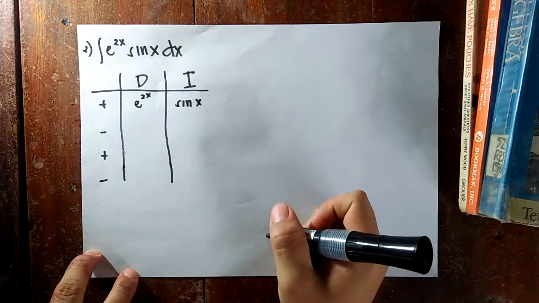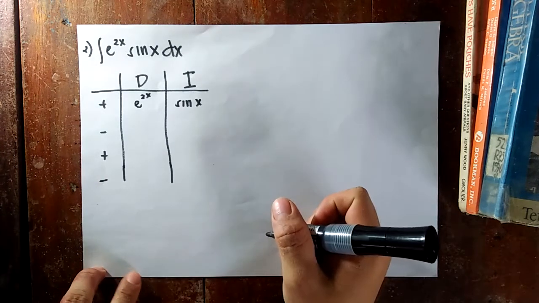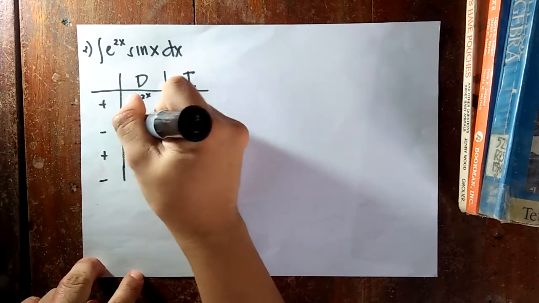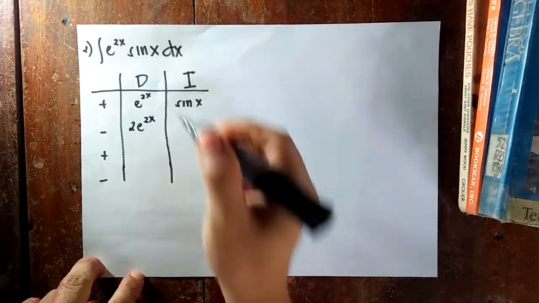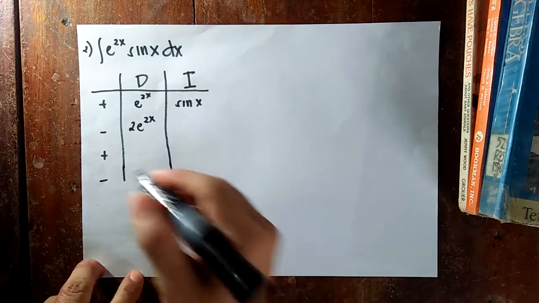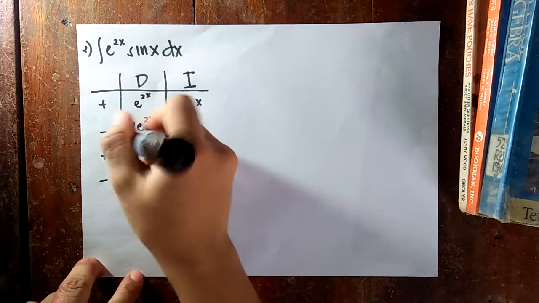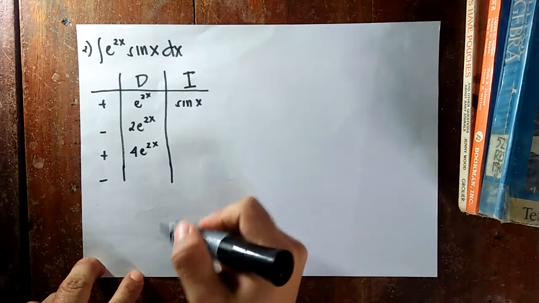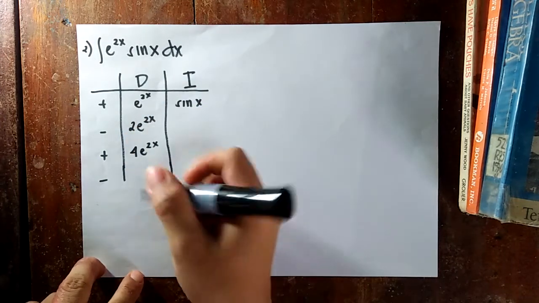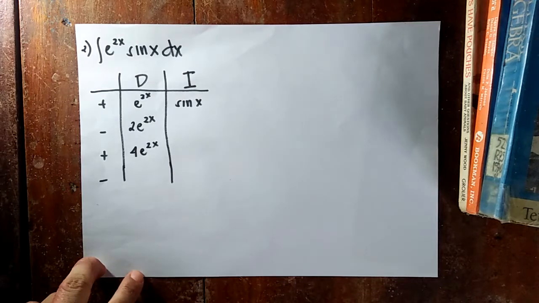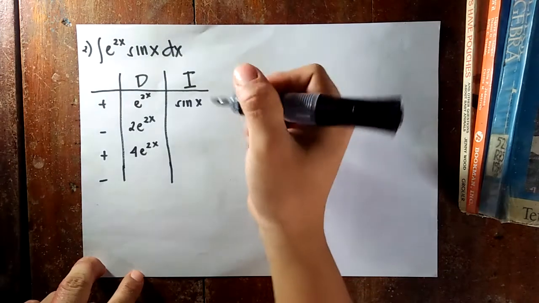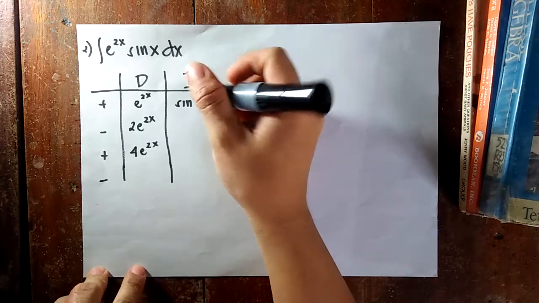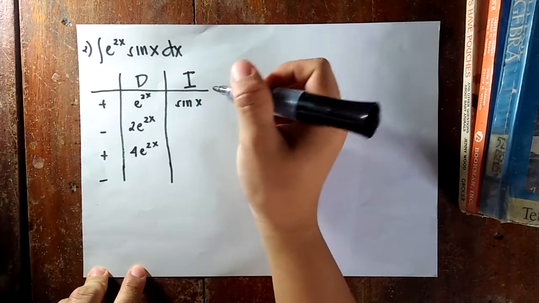The derivative of e raised to 2x is 2e raised to 2x, and if we derive it again, it will become 4e^2x. Since this is going nowhere to 0, it's just getting bigger and bigger, let us move on to the integration.